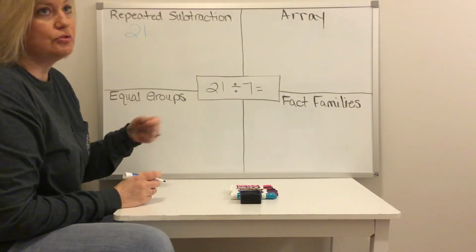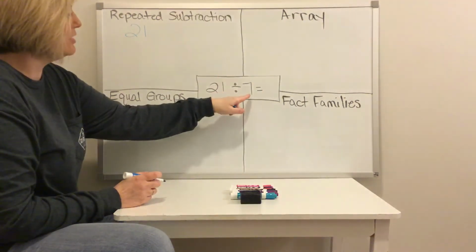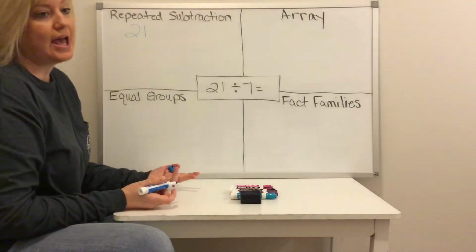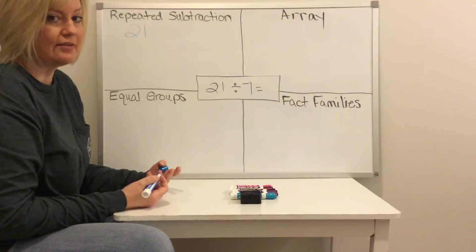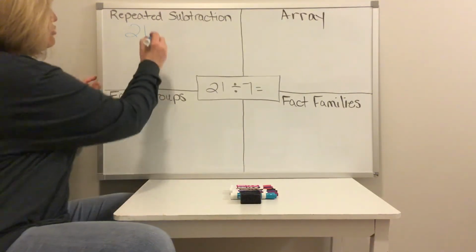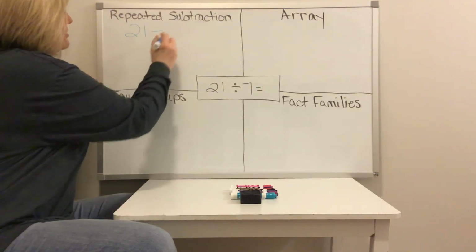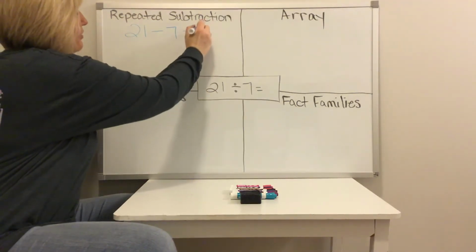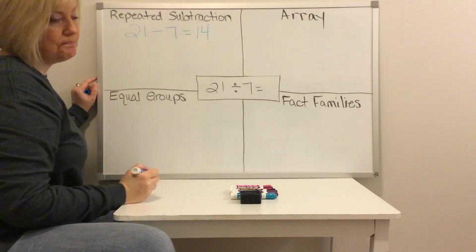I'm going to continue subtracting 7 each time until I get down to 0, and then I'm going to see how many times I had to subtract 7, and that will give me my answer. So if I start out with 21 and subtract 7 from that, that gives me 14.